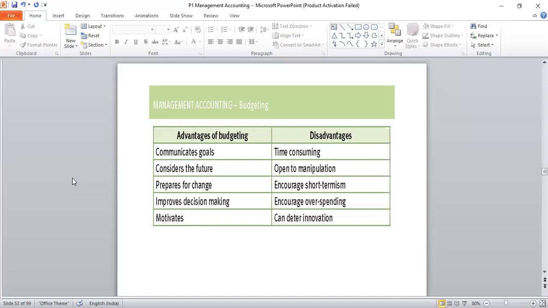What are the disadvantages? It's a time taking, time consuming process. Then there is a possibility of manipulation when the feedback is collected from various levels of management, because they understand that in future, based on their performance, they would also be evaluated. Because of evaluation, they do not contribute feedback in terms of the right standard amounts.